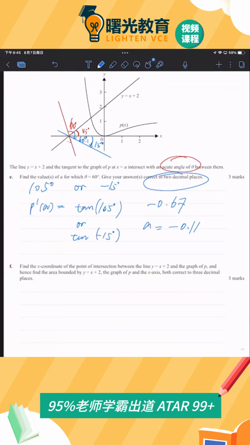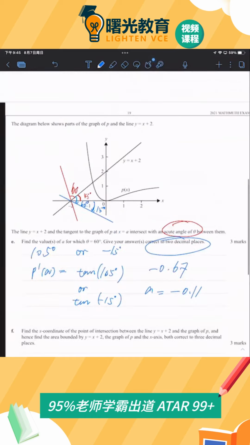So the first one, how can we work out the intersection? Use your CAS, selecting the function and the simultaneous equations, because one of the functions is a straight line and another one is nonlinear. And obviously, you would only have one solution.